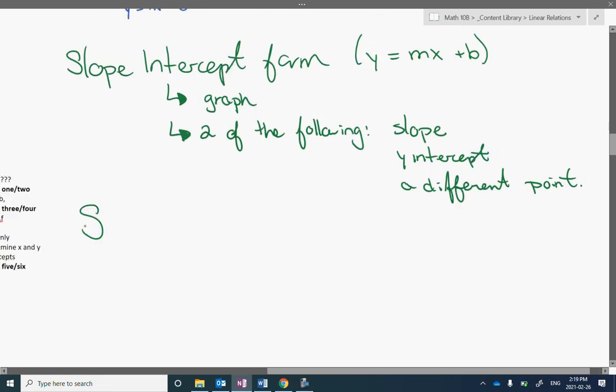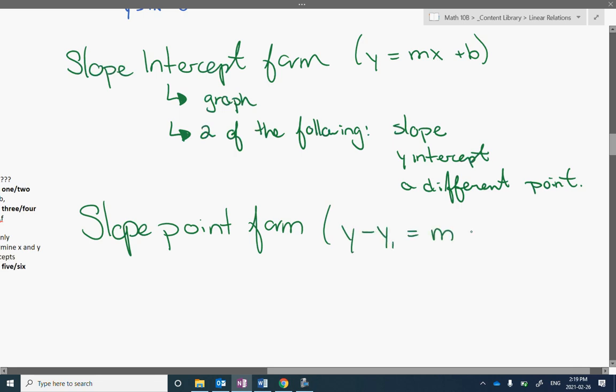Slope-point form is our y minus y1 equals m times x minus x1.